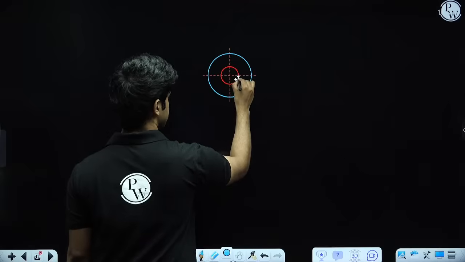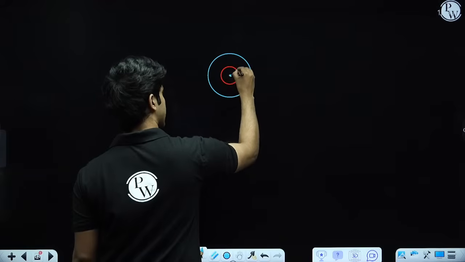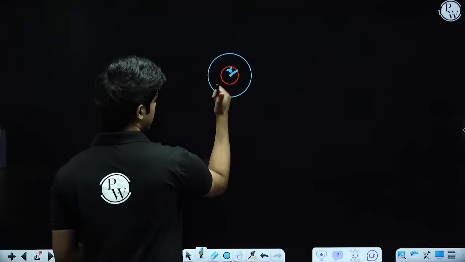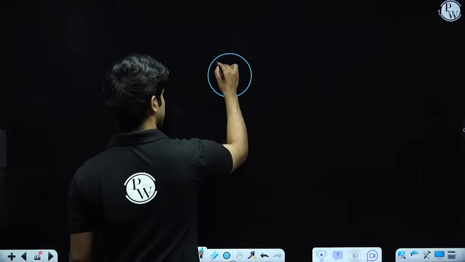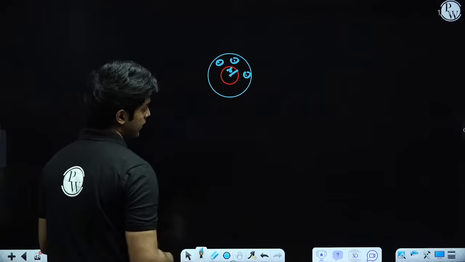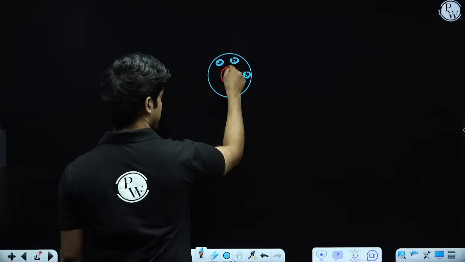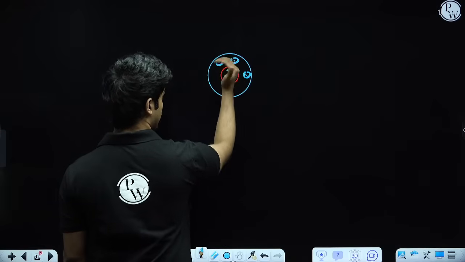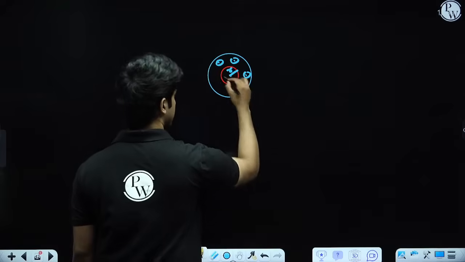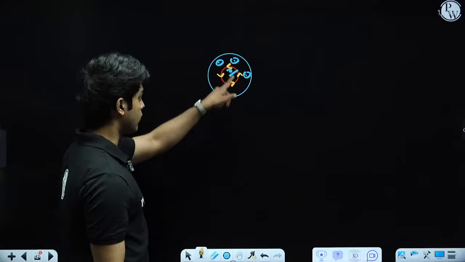I am choosing an Amperian loop whose radius r is less than the radius of the cylinder, so inside. The current is coming out of the page, represented using a dot sign, so in the Amperian loop the magnetic field will be counterclockwise by the right hand rule.